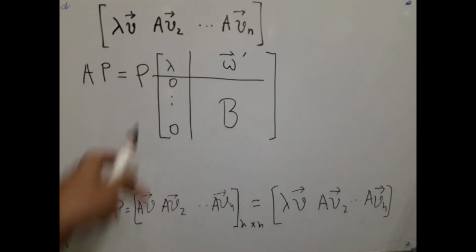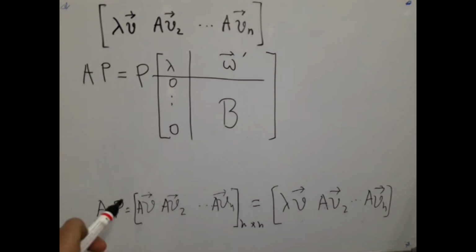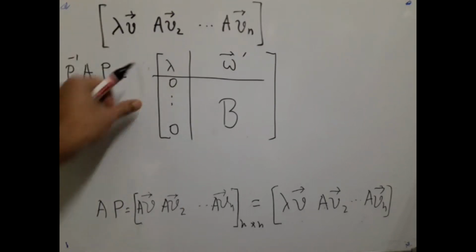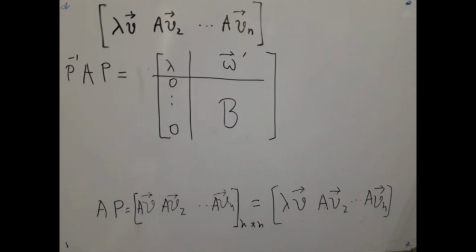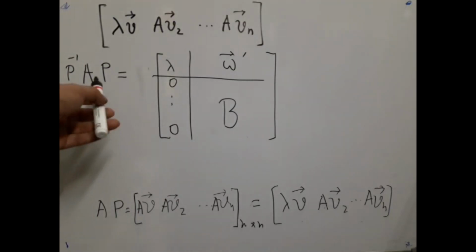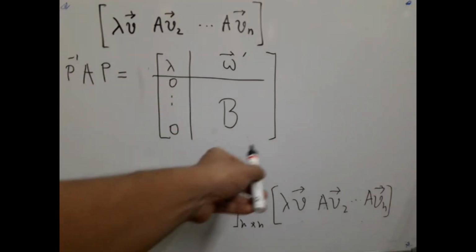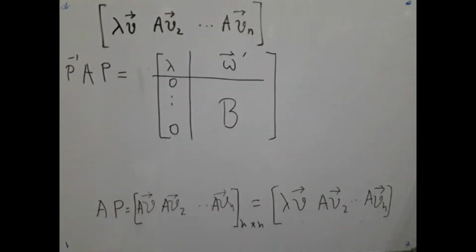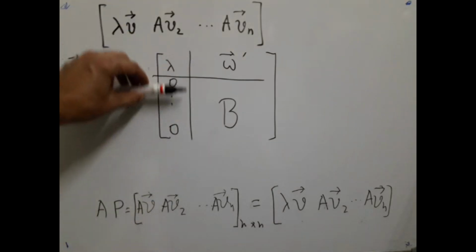So what I do is I take my P to this side and then I can write P inverse AP is this. Observe that I have moved one step towards my goal. P inverse AP, well, I have not been able to make it upper triangular, but at least I have cleared these things off.